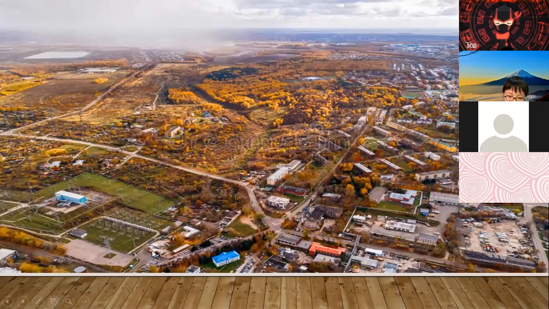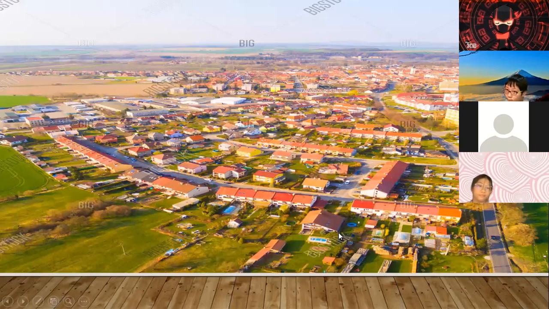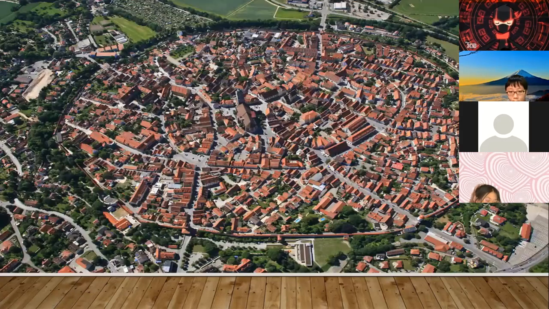You can see lots more buildings, bigger buildings, buildings for making things like food and things that we need to work with. Here's another town, much bigger than a village. Lots more buildings and lots of green areas, parks, and schools. A village wouldn't have a school, but towns have schools. There's another town. This one's in a circle shape.